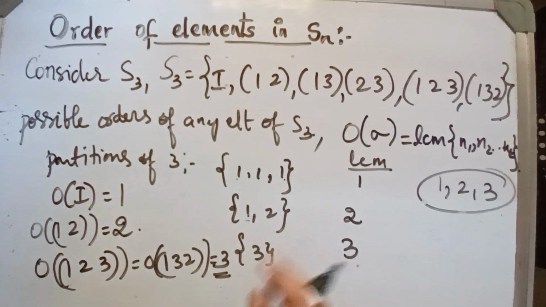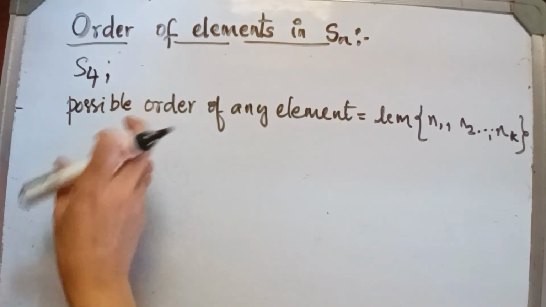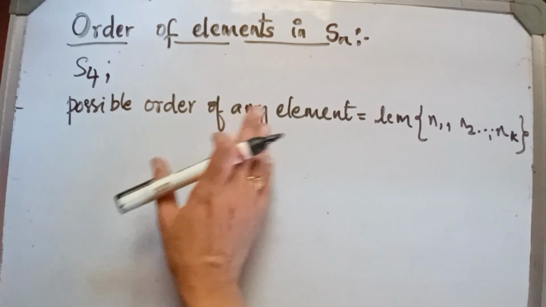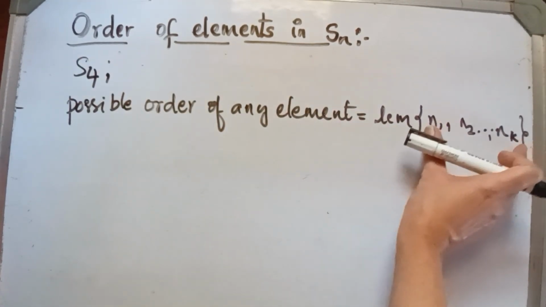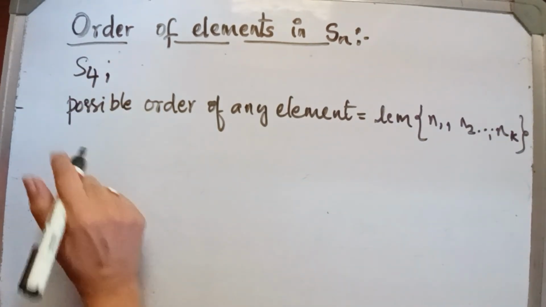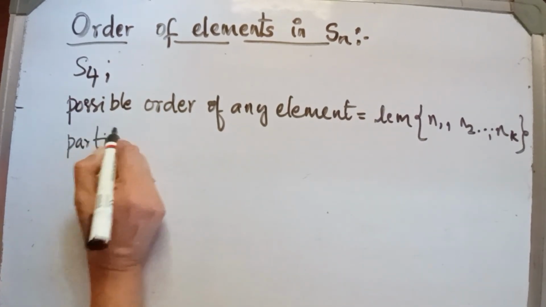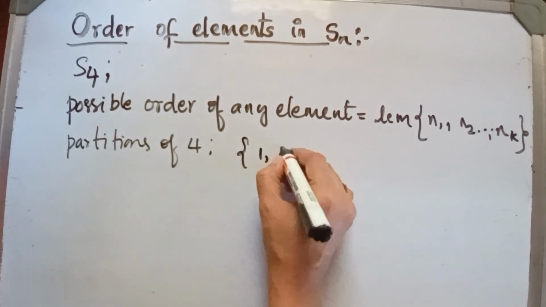Similarly, let us find out for S4. First, let us find out the possible orders of any element of S4, which is nothing but the LCM of cycle decompositions. Cycle decompositions of S4 are the same as partitions of 4. What are the partitions of 4? Let us write them.